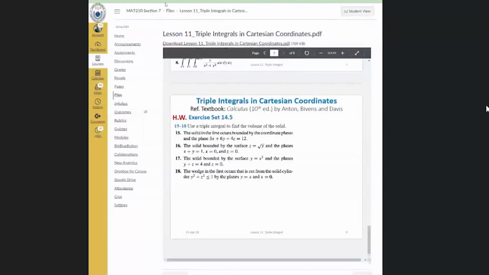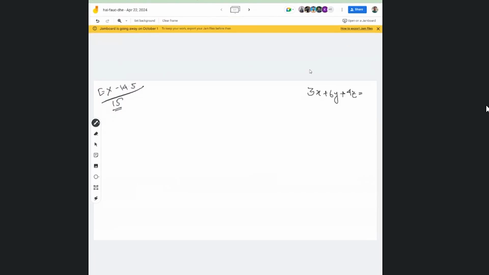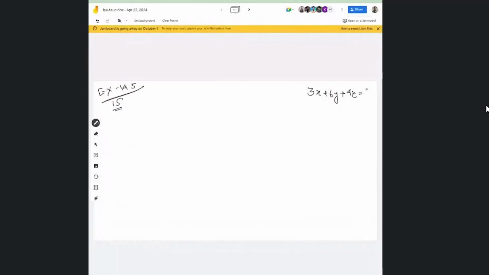This is from exercise 14.5, problem number 15. We see the equation of the given plane is 3x plus 6y plus 4z equals 12.